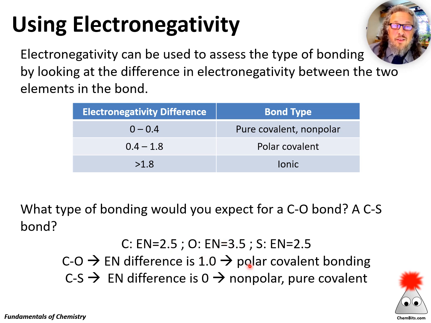It's 1. This is definitely a polar covalent bond. For carbon and sulfur, well, those electronegativities are the same. So carbon-sulfur has an electronegativity difference of 0, which means that that's a nonpolar bond. So carbon-sulfur is actually pretty purely covalent in the way of bonds.